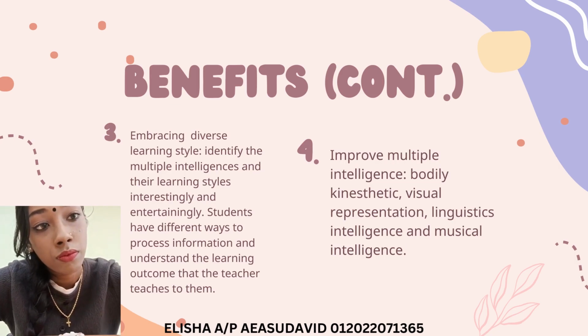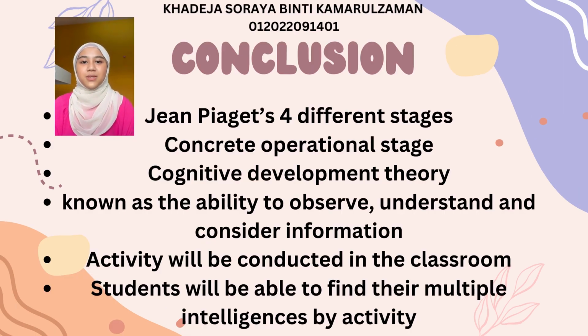Thank you. Hello sir, my name is Khadija Suraya. As for the conclusion of this assignment, Jean Piaget has four different stages, and the third one is the concrete operational stage, which happens between 7 to 11 years old.